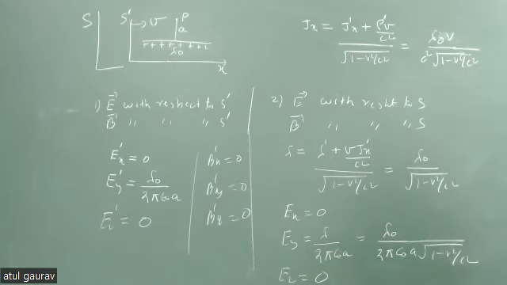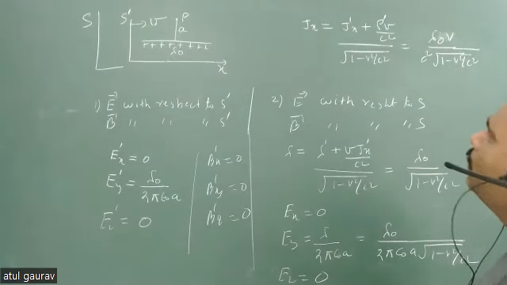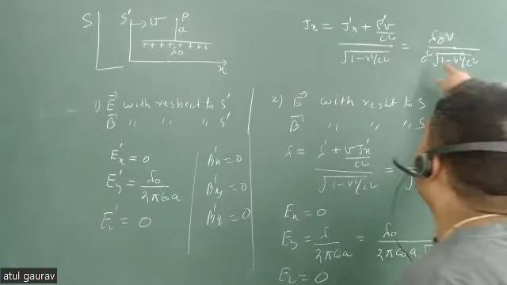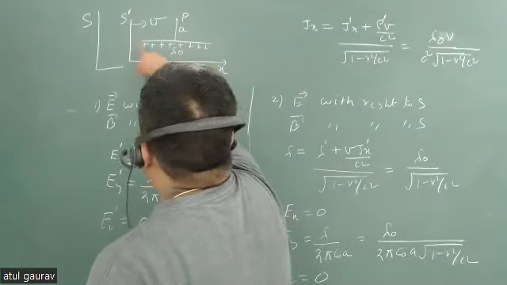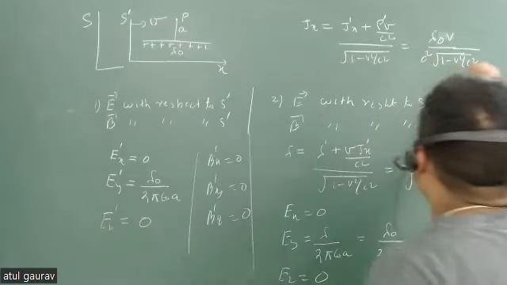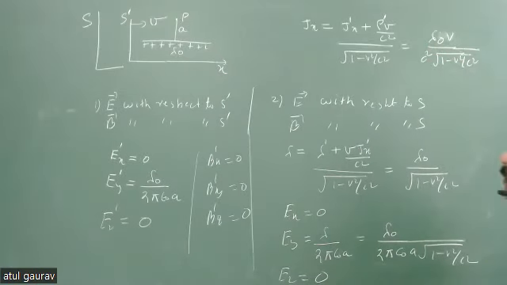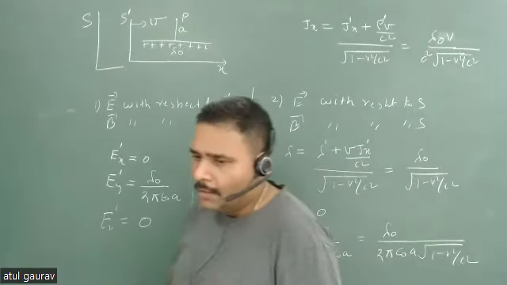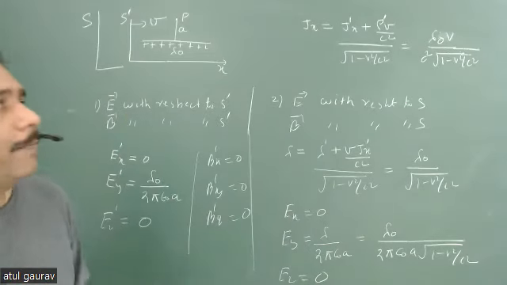Okay. Have I written it correctly? Yes. Now there is current flowing in this wire with respect to S, and this is the value of this particular current. So now, what is your magnetic field?